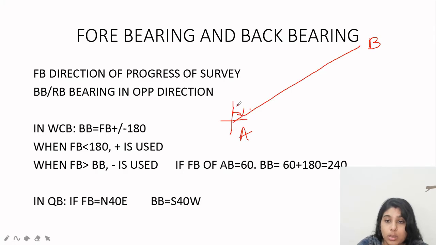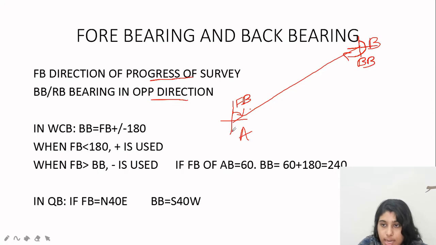This is the direction of progress of survey, because AB is going forward, so this is called the forebearing. And from this point, if we look backward from the north to the previous point, that means the opposite direction, that bearing is called the back bearing.